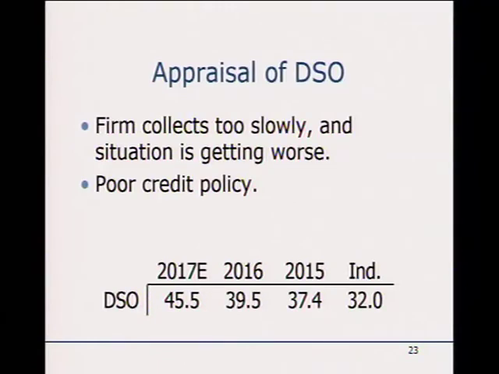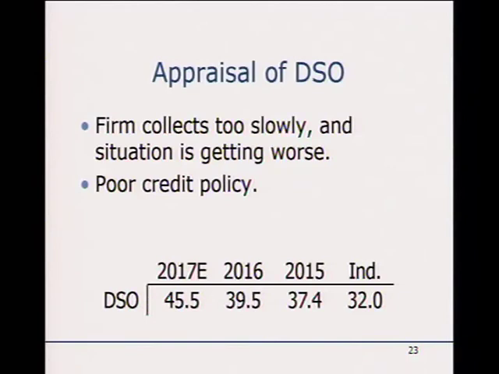My God, 32 days is the average. And our average here is 45.5. We are above average. We are too slow to collect money, whereas all the other players in the industry are selling and collecting their cash within approximately a month. It's taking us beyond a month to collect what belongs to us.